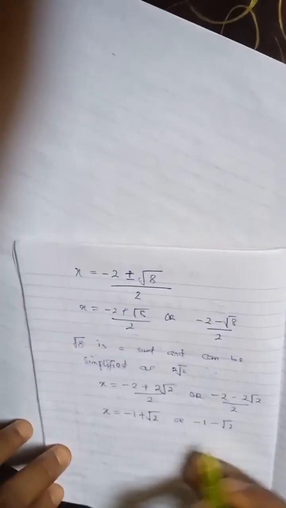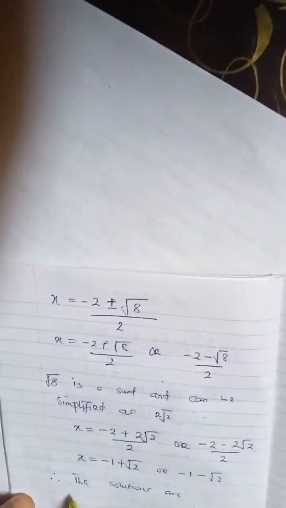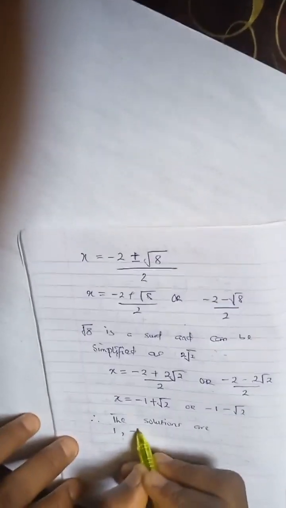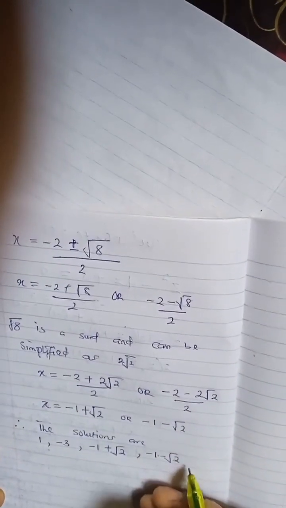So I have two values here. Therefore, the solutions, because they say we should solve, it's either the solutions or the roots. The solutions are, we got 1 and minus 3. So the solutions are 1, minus 3, minus 1 plus root 2, and minus 1 minus root 2.